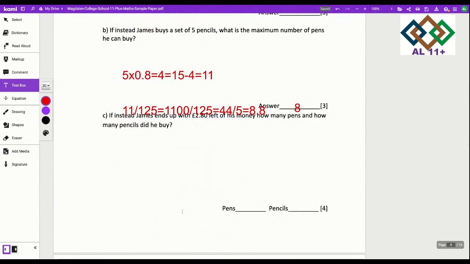And the C part is, if instead James ends up with £2.80 left with his money, how many pens and pencils would he buy?